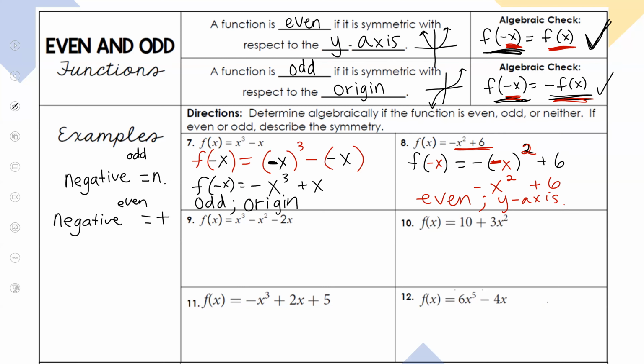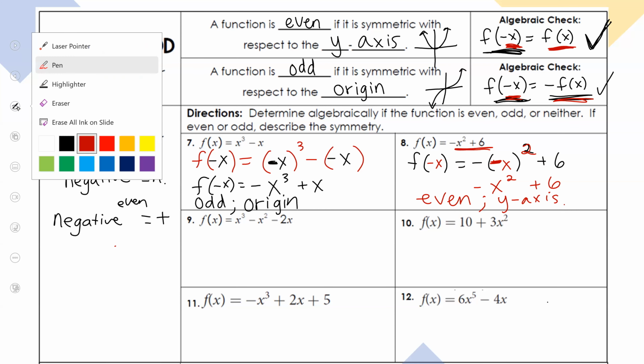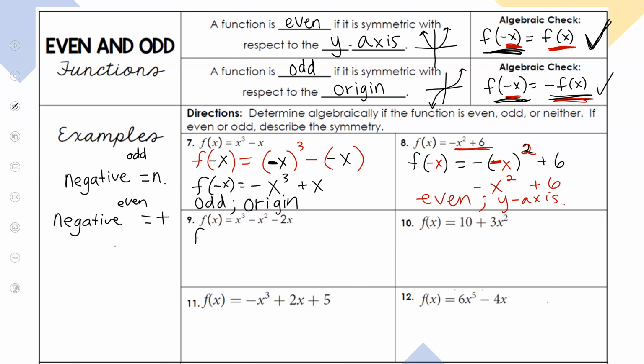Okay, now let me show you guys an example where it's going to be neither. Let's try number 9. We're going to plug in a negative. So I'm going to fill in all these parentheses with negative x's.